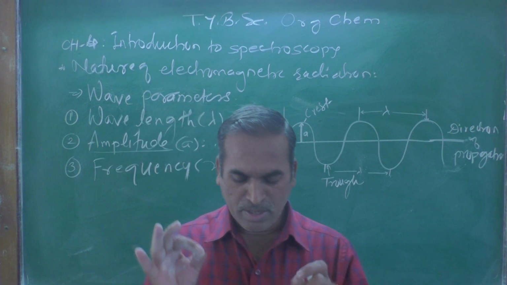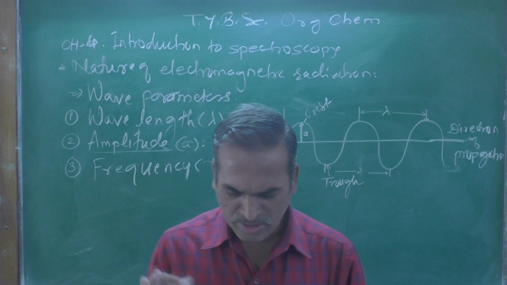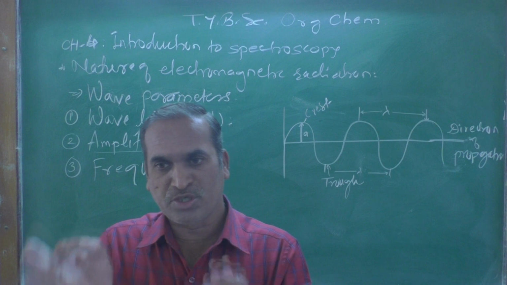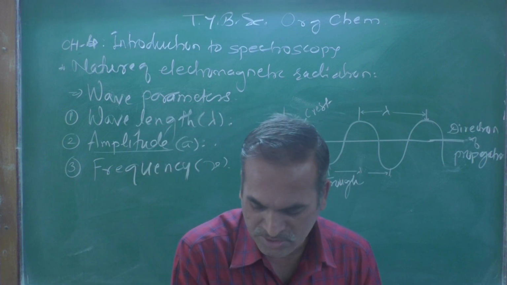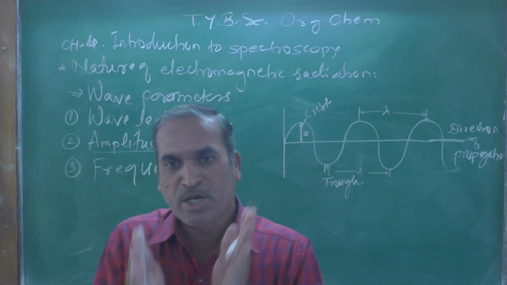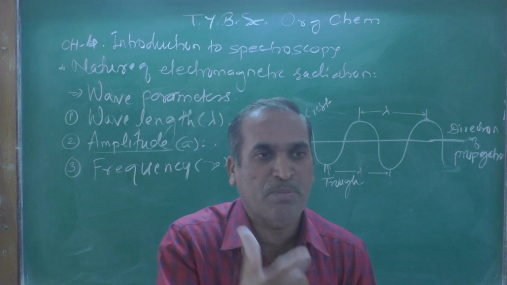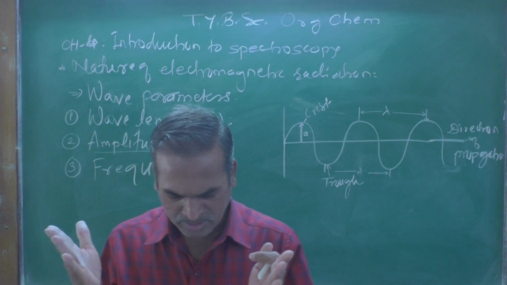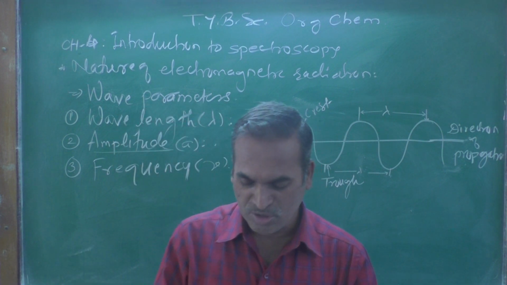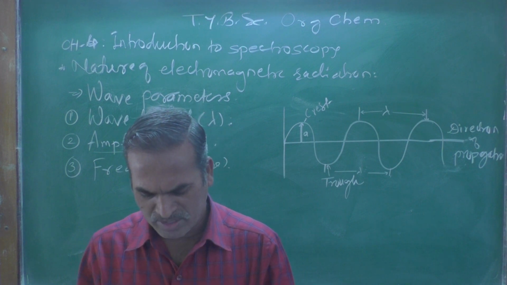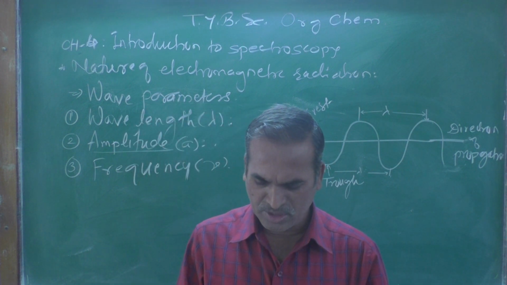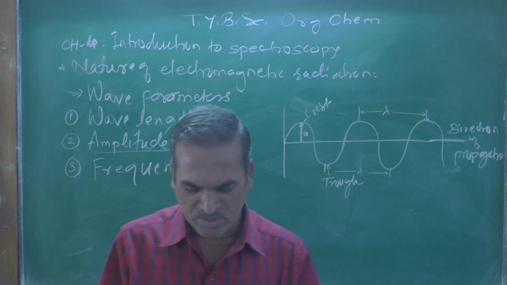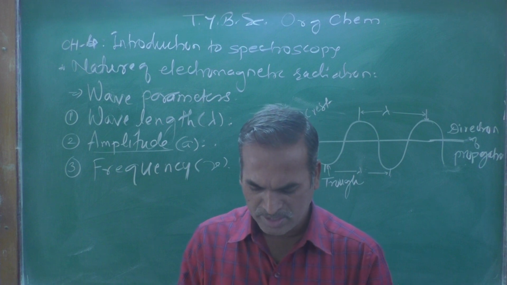Remember once again, the number of oscillations completed per unit time is called the frequency of the radiation.